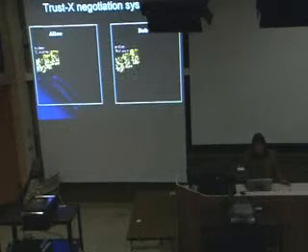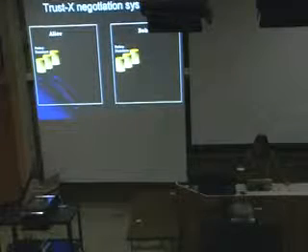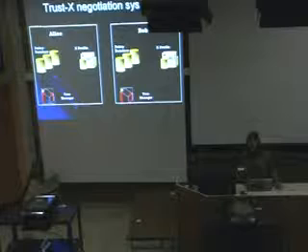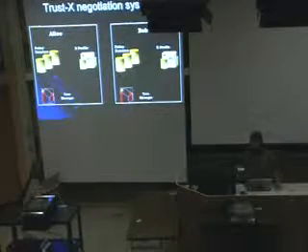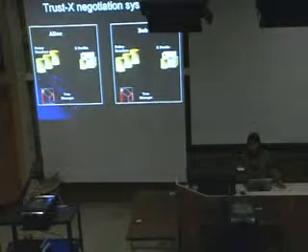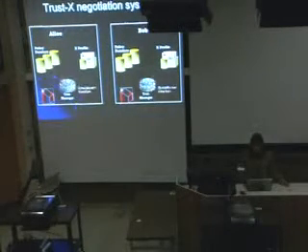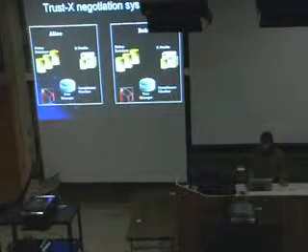So the trust negotiation system is organized as follows. We have different components, and the main components are the X-Profile that I mentioned earlier, for collecting the certificates, which are credentials and declarations. We have a policy database collecting the disclosure policies or the property-based policies.